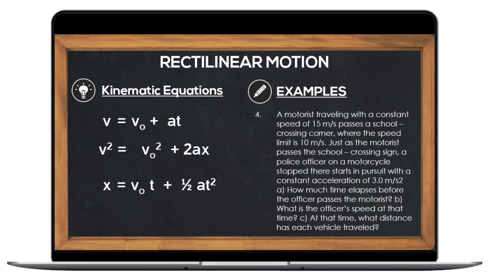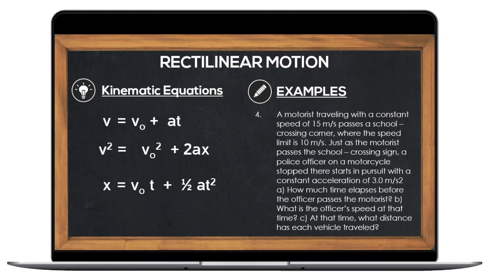Okay, the motorist is overspeeding. Just as the motorist passes the school crossing sign, a police officer on a motorcycle stopped there, so there is someone watching, starts in pursuit with a constant acceleration of 3.0 meter per second square. Okay? So, that should be 3.0 meter per second square, where the 2 is an exponent.